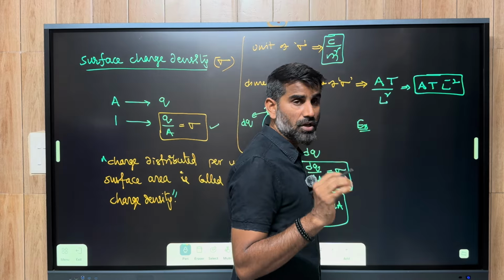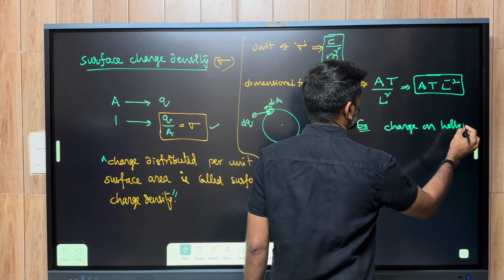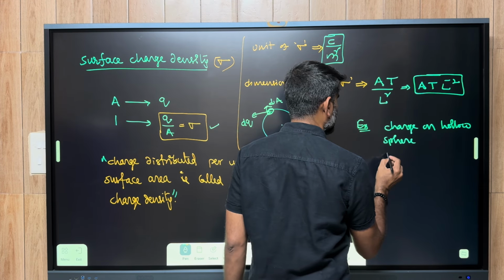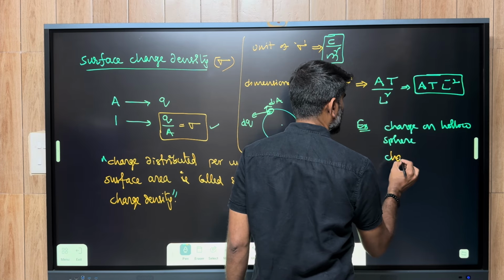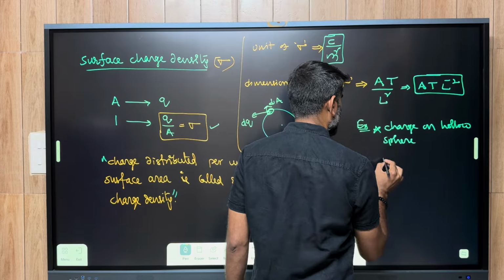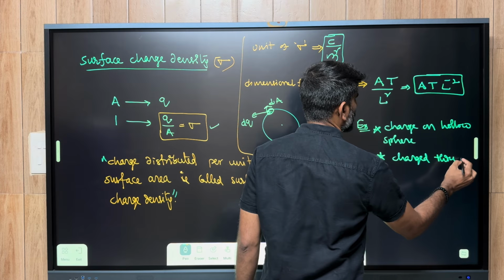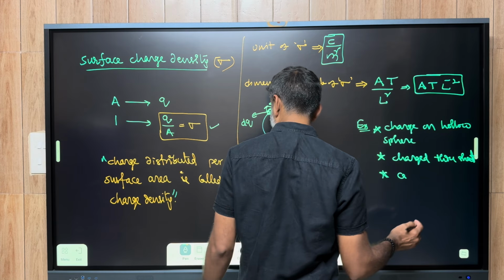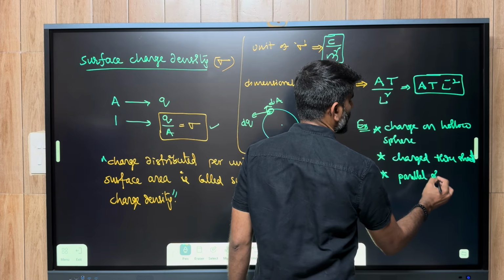For example, charge distributed on the surface of a hollow sphere, a charged thin sheet, an infinite thin sheet, and a parallel plate capacitor.